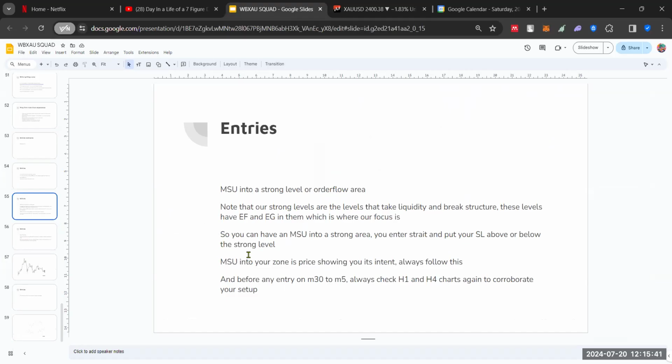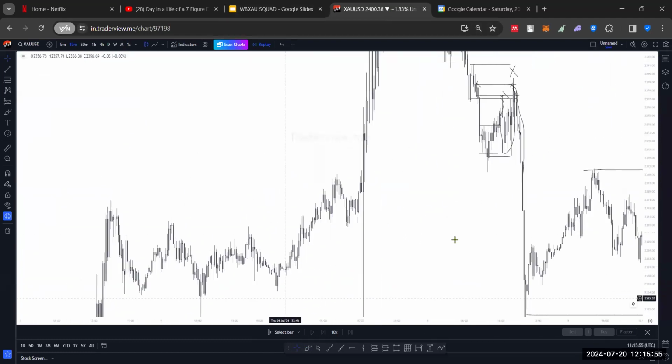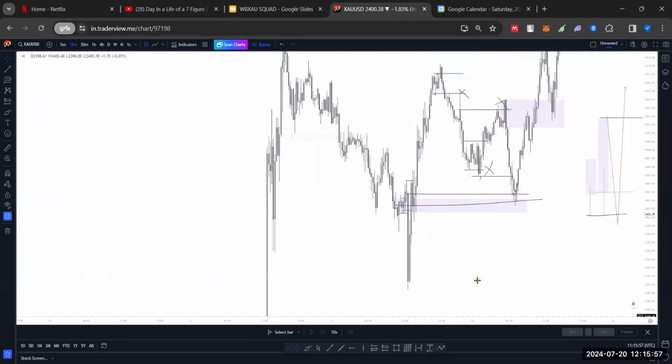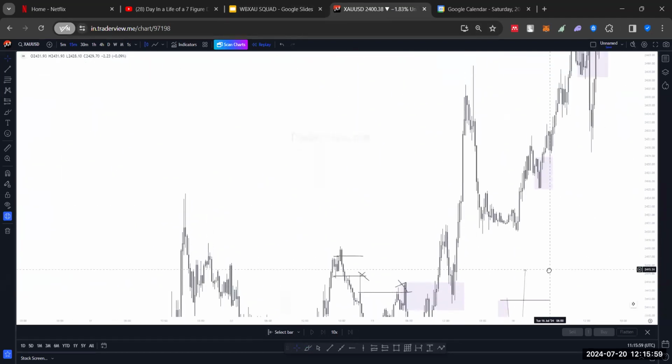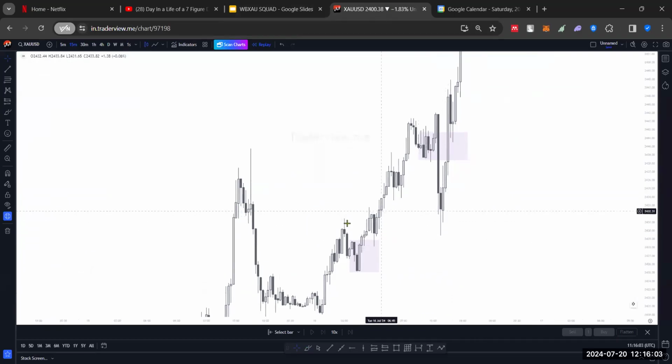And before any entry from M30 to M5, whenever you want to take any entry on the M30 and M5 time frame, always go back to check H1, H4 in order to corroborate your setup. So for example, this is the M15 chart. Say I wanted to take this buy.